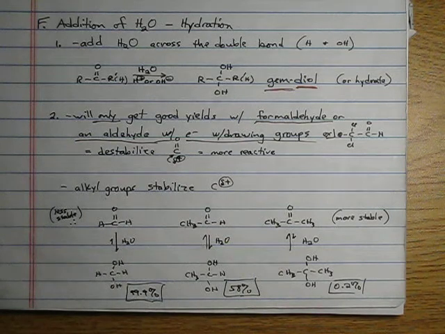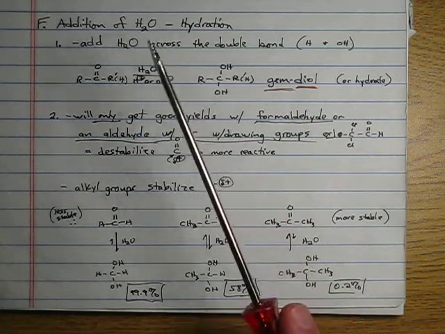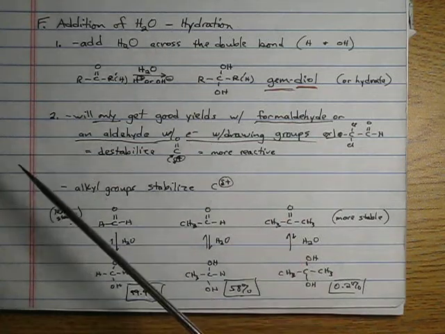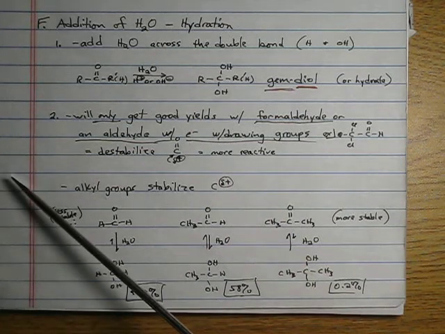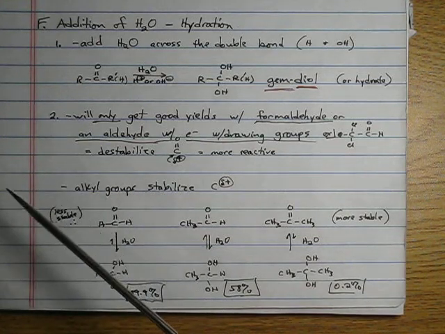It turns out we can only add water across the carbon-oxygen double bond nicely, in a reaction that lies to the right, if we use formaldehyde. And you should have expected that because recall that aldehydes are more reactive than ketones. And formaldehyde with two hydrogens on it would be our most reactive aldehyde.